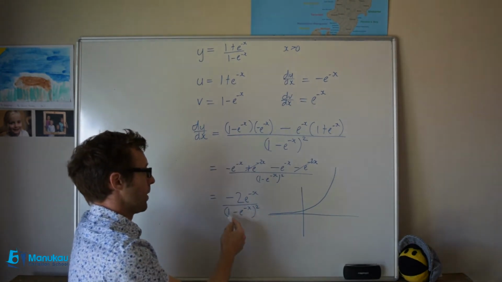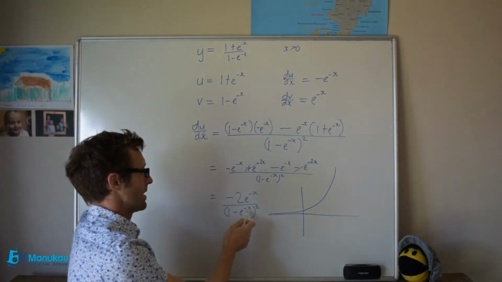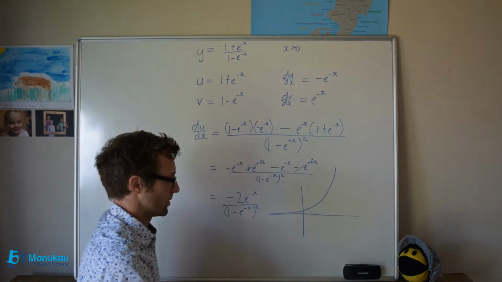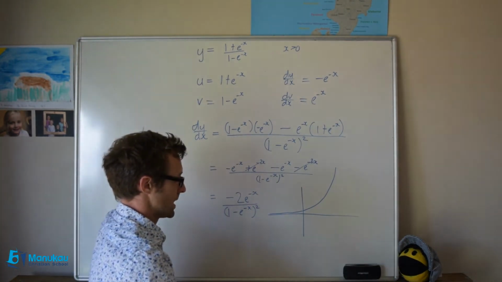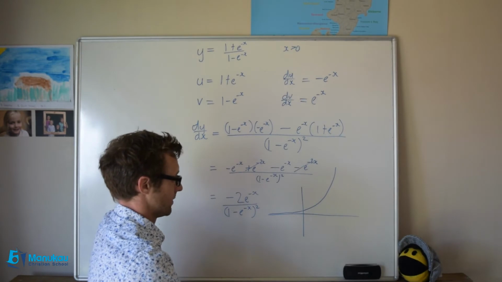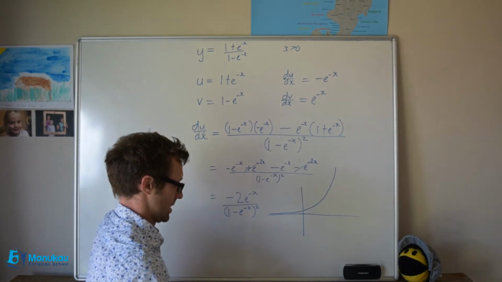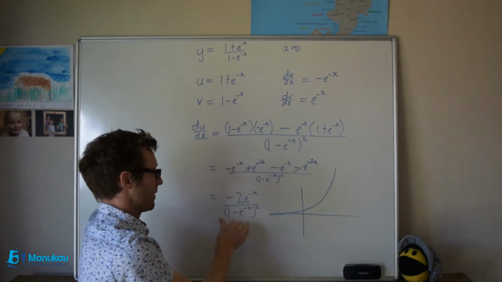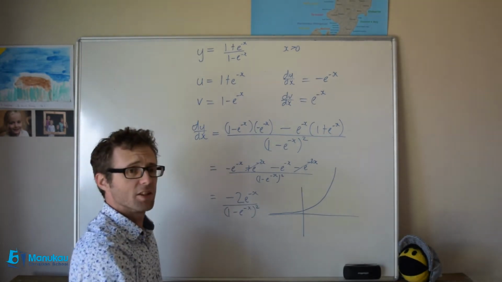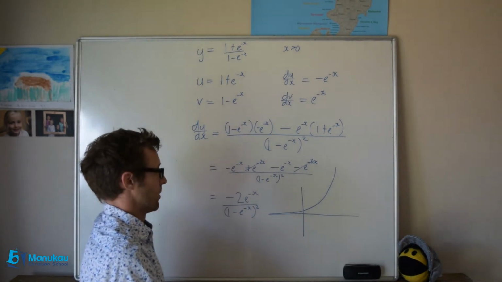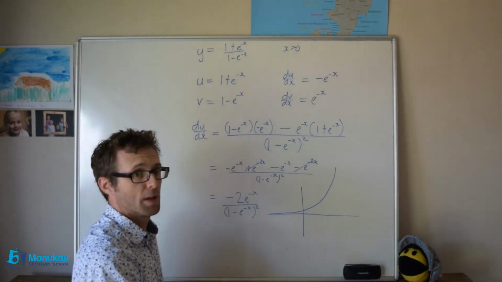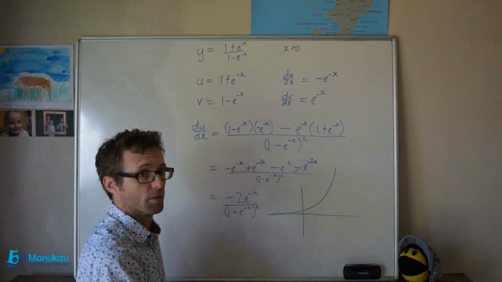The bottom, whatever you get in this bracket, is squared, so that will also be a positive number. So you can see that this is always going to be a negative number, and we would need to say something like, since the bottom is always positive and the top is always negative, then we will always have a negative gradient. Okay, I hope that makes sense. That's the first part of the question.